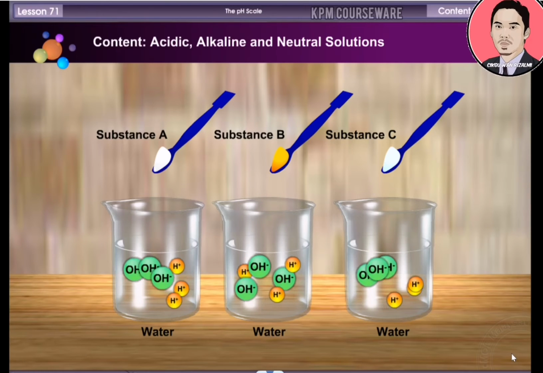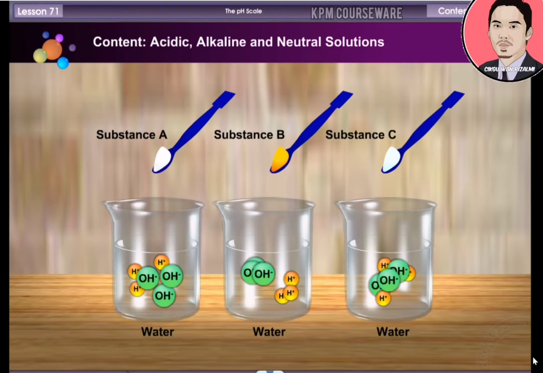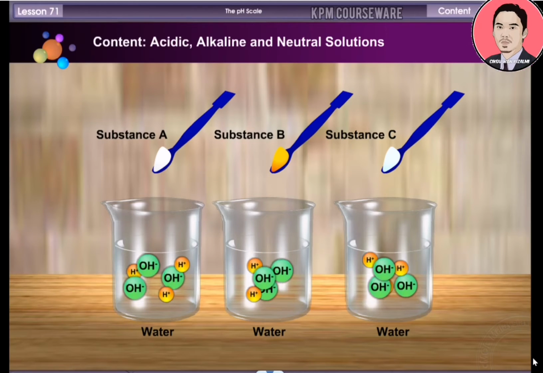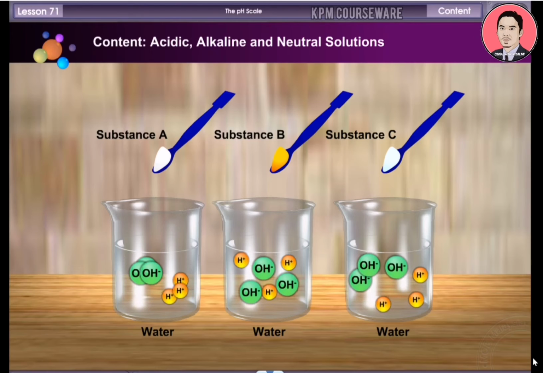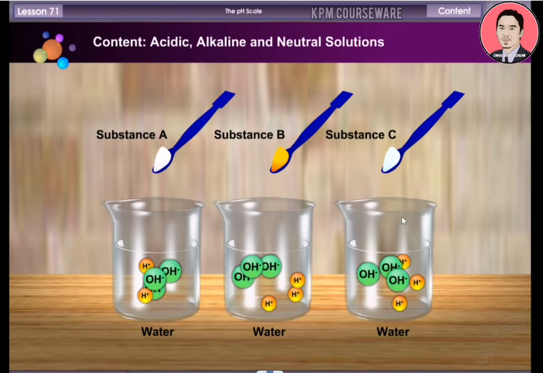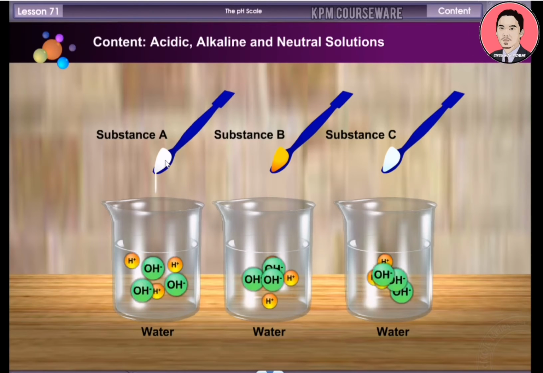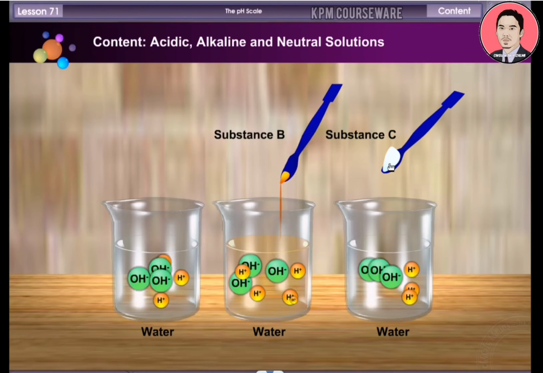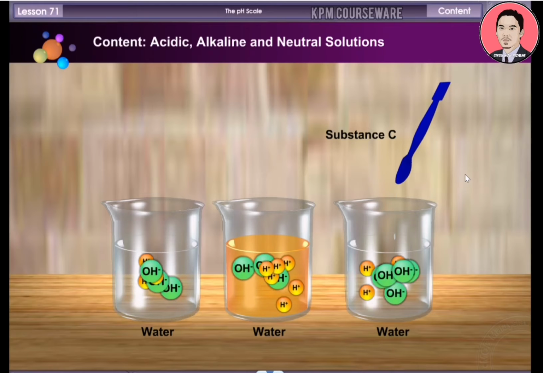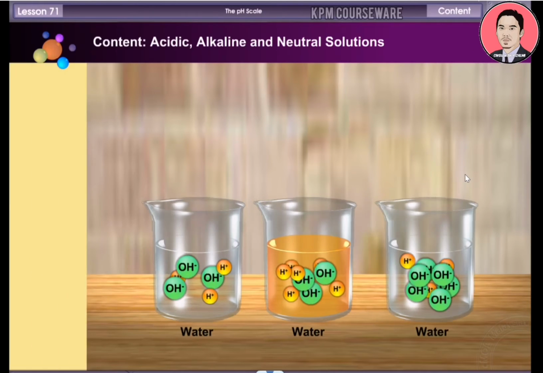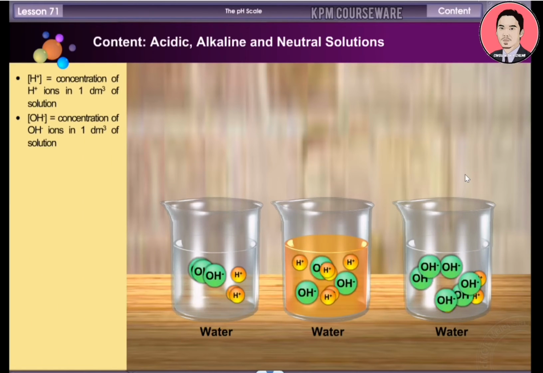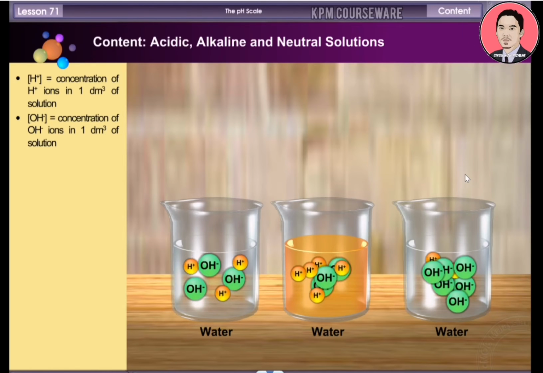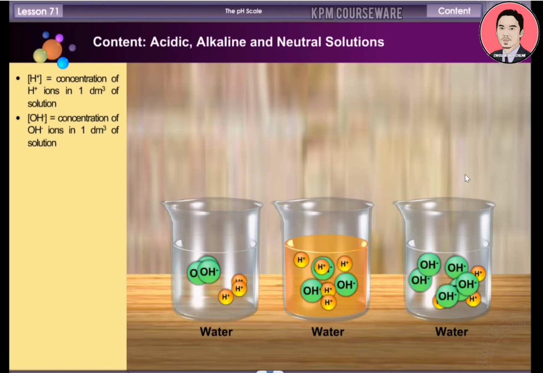Note the relative amounts of hydrogen ions and hydroxide ions present in the three solutions. Now, match the solutions with the correct relative amount of hydrogen ions and hydroxide ions present in them.